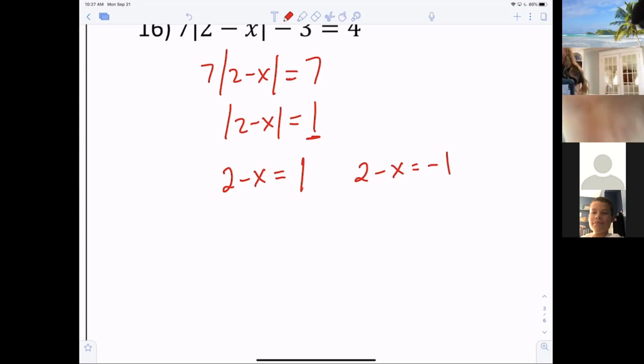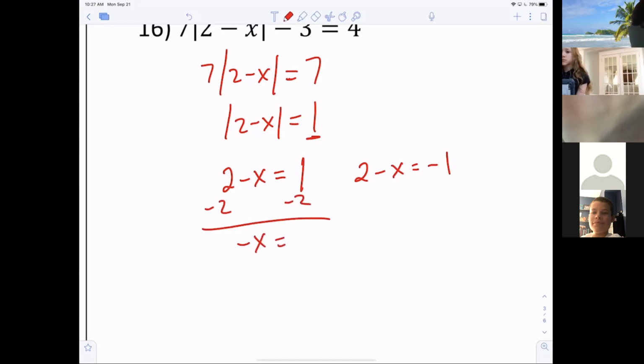Right, I like what you said, but let's go ahead and subtract 2 from both sides. So negative x equals negative 1. And then remember, if the x is negative, that just means change the signs. That's all it means, change the signs. So x equals 1.